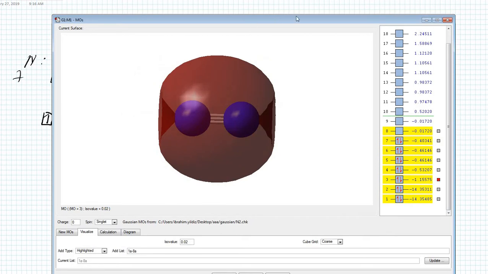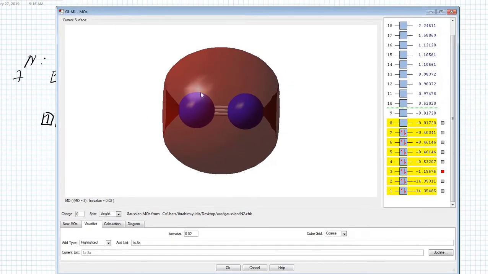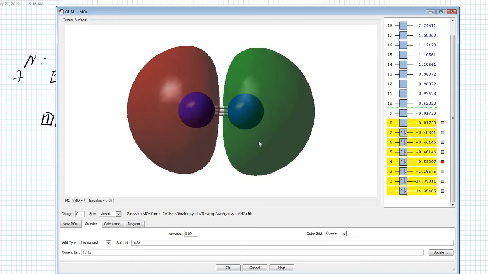The first molecular orbital that we are seeing on the screen is sigma bonding molecular orbital as a result of overlap of 2s orbital of this nitrogen and 2s orbital of that other nitrogen. And the second molecular orbital is sigma star, meaning that this is an anti-bonding sigma molecular orbital.